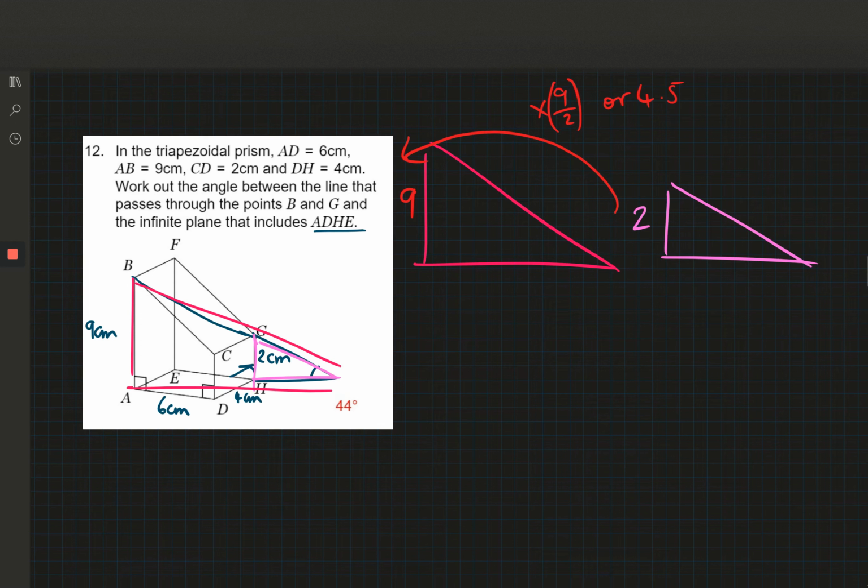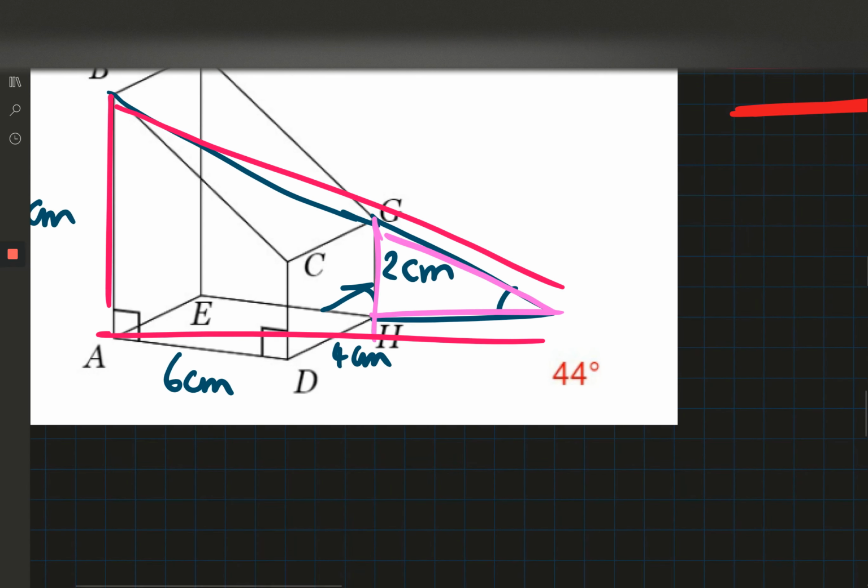And we need to work out the length of the base of this big triangle here. So we can do that by looking carefully at this diagram.